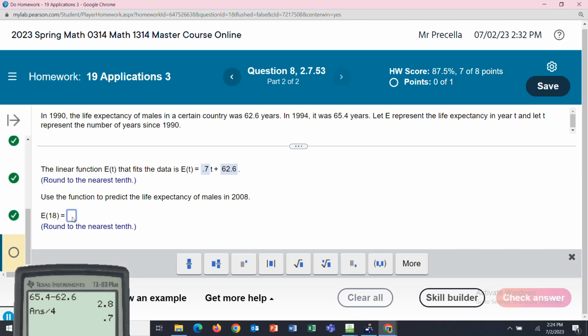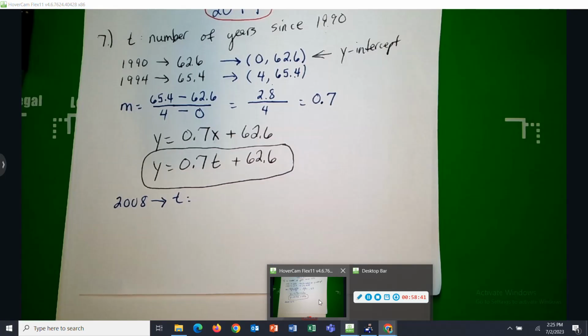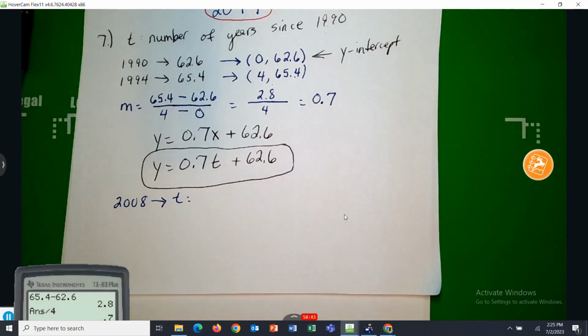Now it says, use this function to predict the life expectancies of males in the year 2008. So we're going to use this function, 2008. Well, what are we going to do? We're not going to just plug 2008 into our calculator, are we? What's the t value going to be?